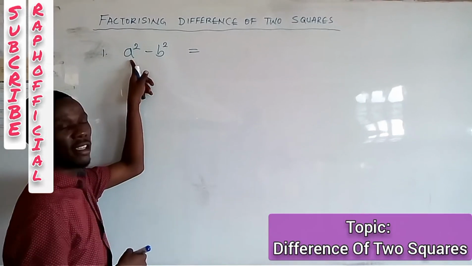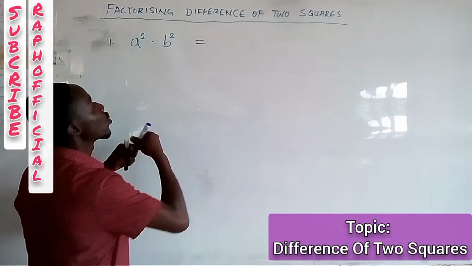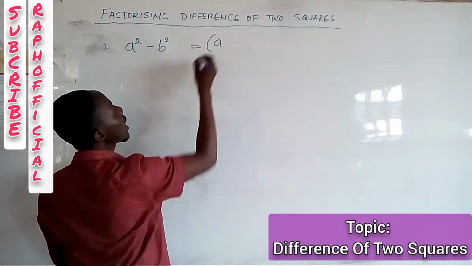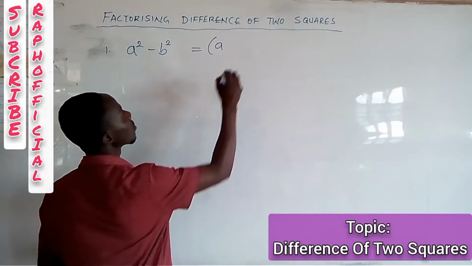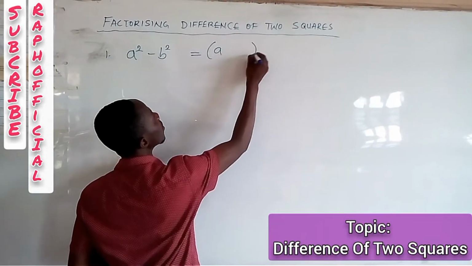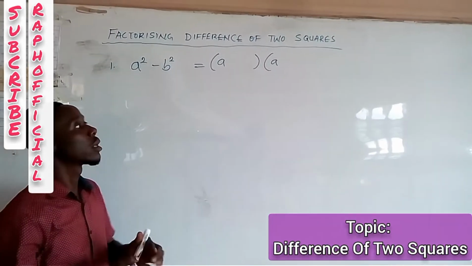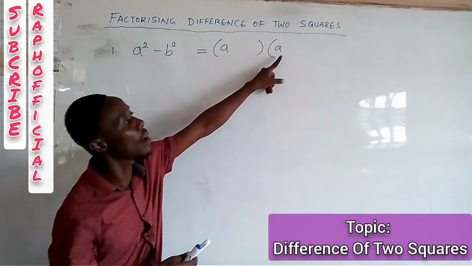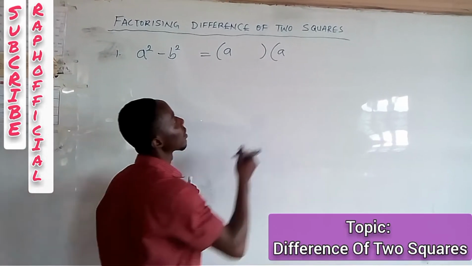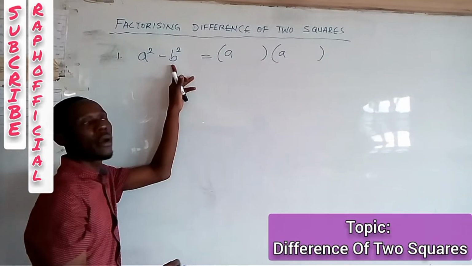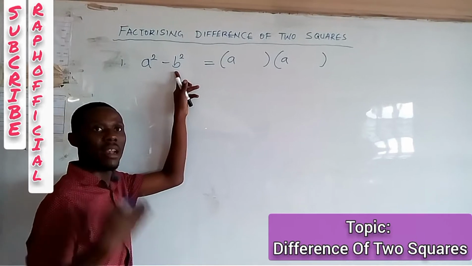it means that when we have a square, it is multiplying itself. So we have a that will multiply itself, then another a. It means that a times a is a squared. Now, what do we have here? B. It means that b times another b.